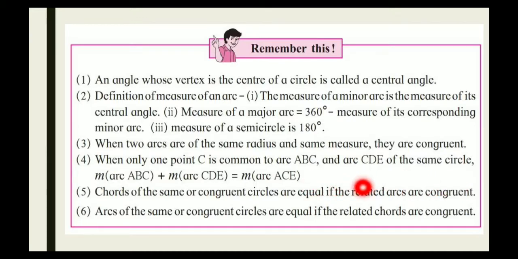Arcs of the same or congruent circles are equal if the related chords are congruent, the converse of that.